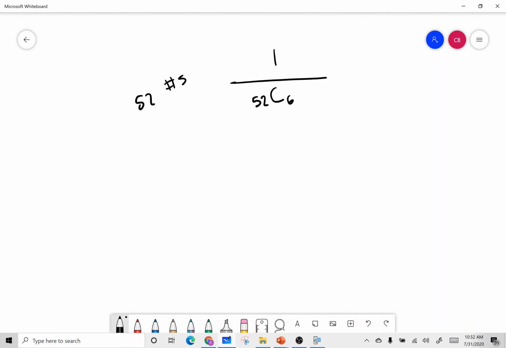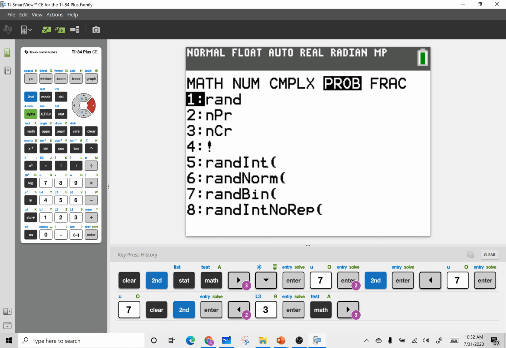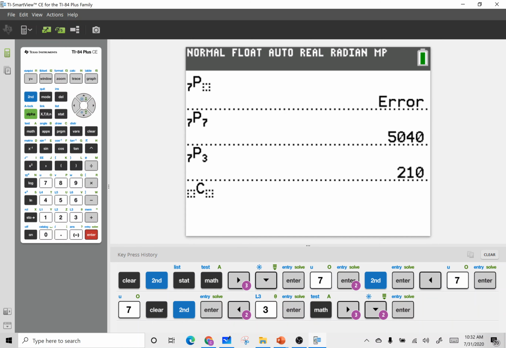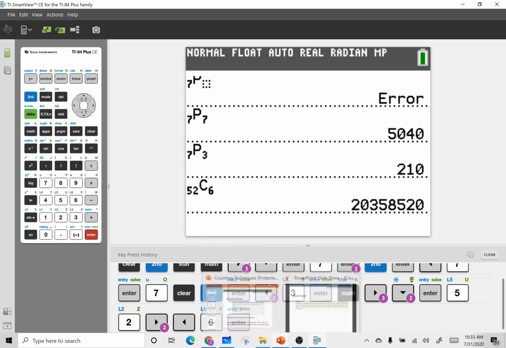So if we do that on the calculator, we're just going to simply go math and choose R because order doesn't matter. 52 choose 6. That's a really big number.